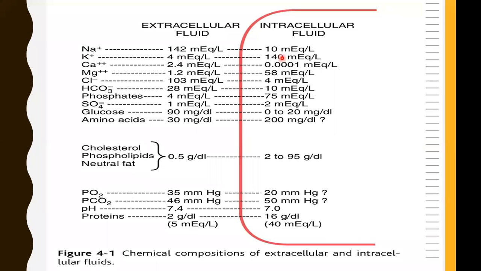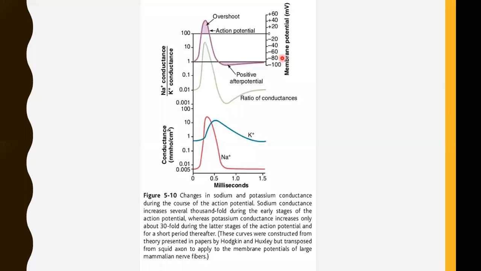So due to that concentration gradient difference, the potassium ions are transported from the interior towards the exterior. In this graphical presentation, you can see the further creation of negativity inside the membrane, because there is transfer of positive ions from the interior towards the exterior.